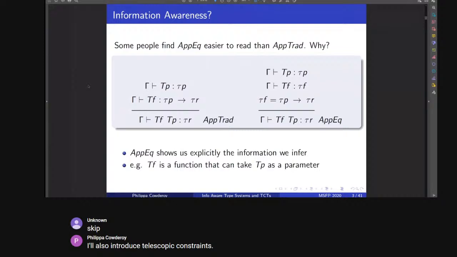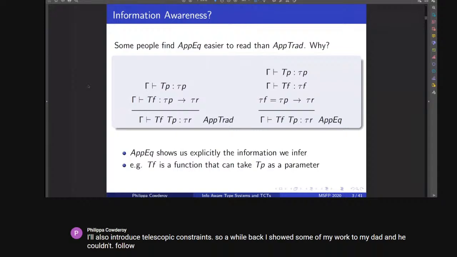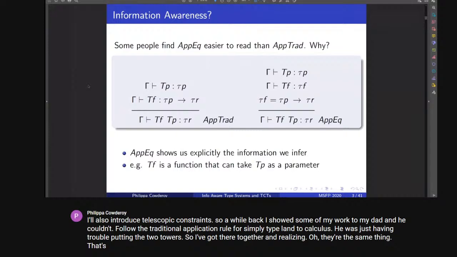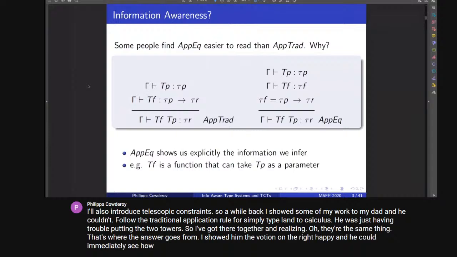So, a while back I showed some of my work to my dad, and he couldn't follow the traditional application rule of simply typed lambda calculus. He was just having trouble putting the two towers that I've got there together and realising, oh, they're the same thing. That's where the answer goes from. I showed him the version on the right, APIC, and he could immediately see how to implement that in Haskell.